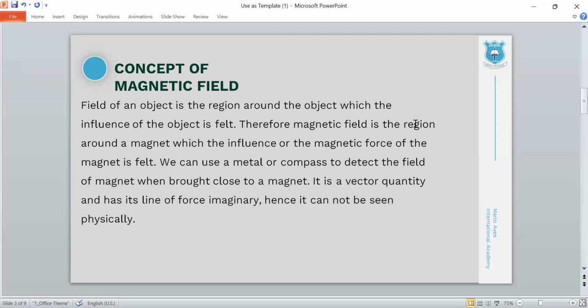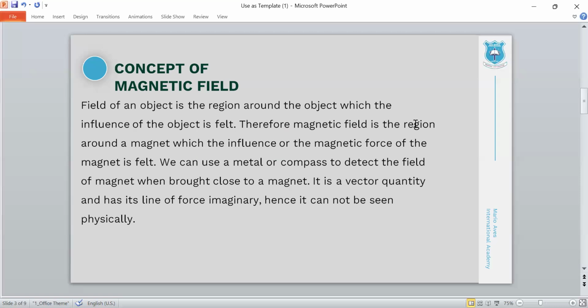And this magnetic field is a force field. And a force field is a kind of force where there is no contact with the object, in quote. And then it's a vector quantity because it has magnitude and direction.